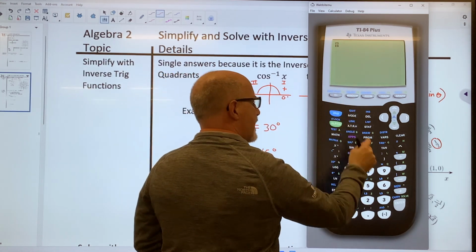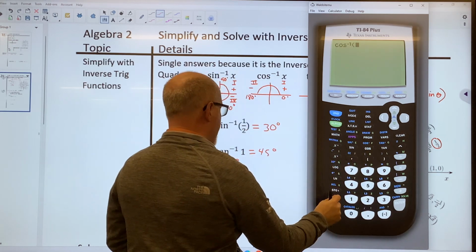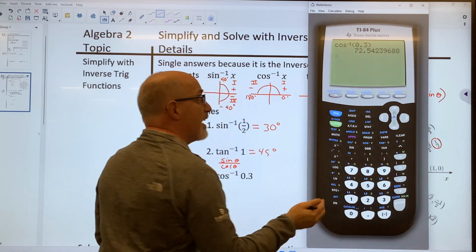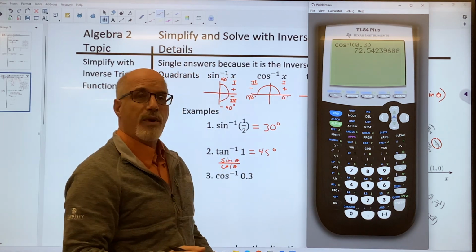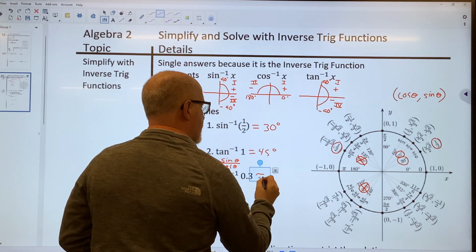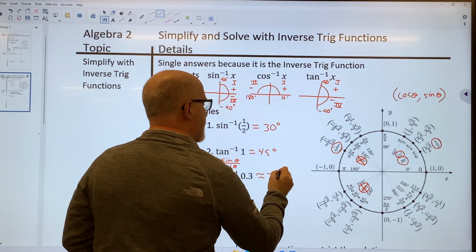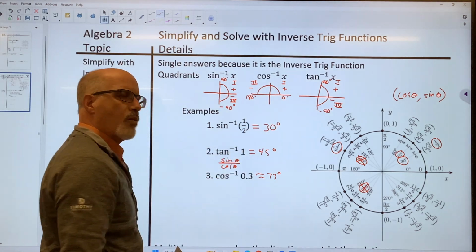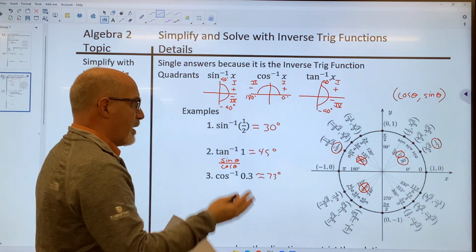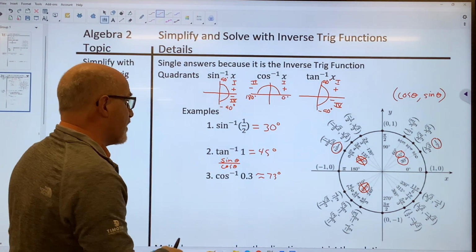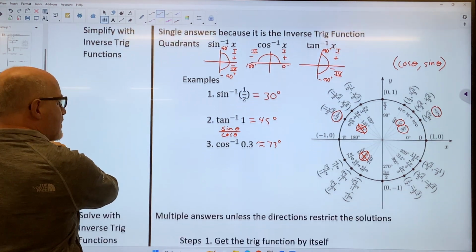So I'm going to do second cosine, and I'm going to put 0.3 in this, and now I get a value of 72.5, so about 73 degrees. So this automatically gives me a value for cosine in the first quadrant. All right, so that's how we use both the unit circle and your calculator to get these values for simplifying, where you get one answer.